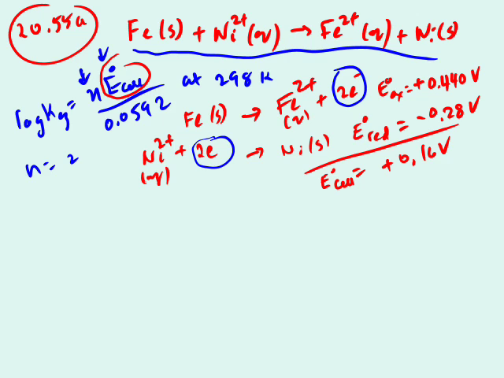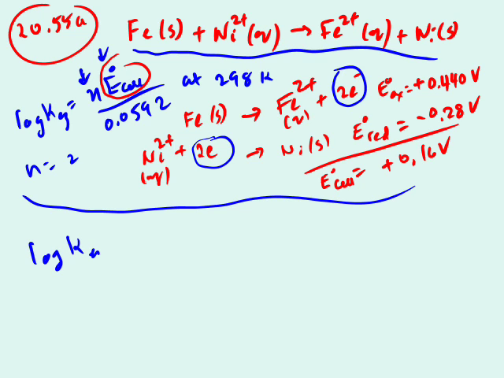And now we can plug in all these numbers into this equilibrium expression. So log of K equilibrium would be given by 2 times, remember the n value, that's 2, times E0 cell, which is 0.16, divided by 0.0592.